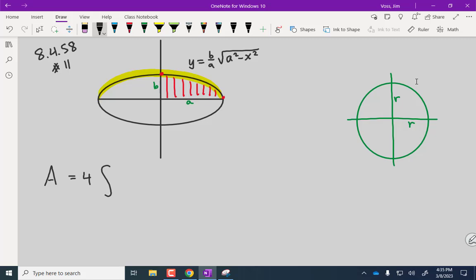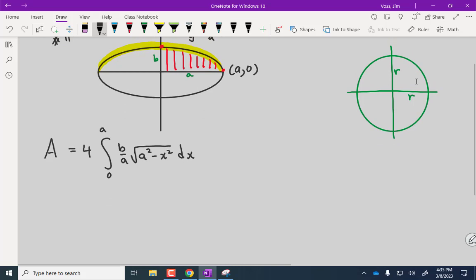What are our limits of integration going to be? 0 to A, because this point over here is A comma 0. So we're imagining rectangles from 0 over to A. And the function that we're integrating is B over A times the square root of A squared minus x squared. Everybody okay with that setup?